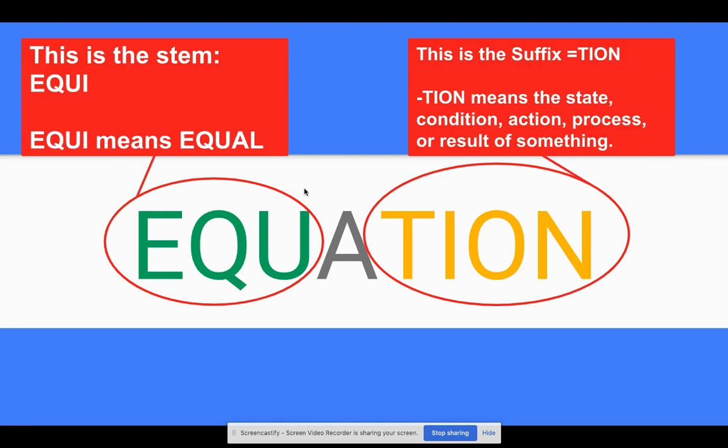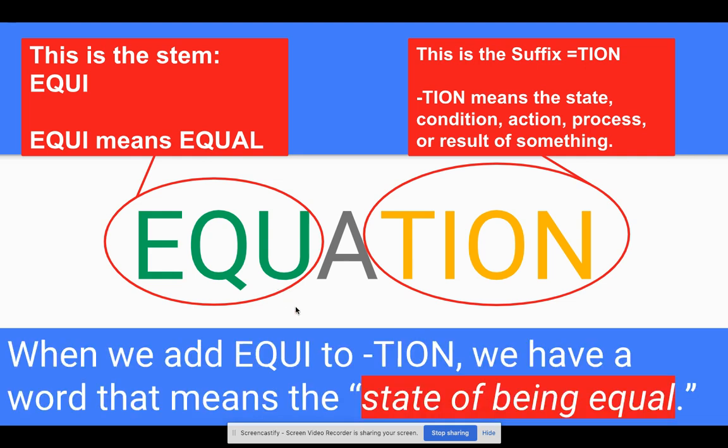The stem equi means equal, and the suffix shun means the state, condition, action, process, or result of something. So it could be a state of being, it could be a specific action, could be a specific result. But when you combine these two together, you have equi and shun, and you have a word that means the state of being equal.